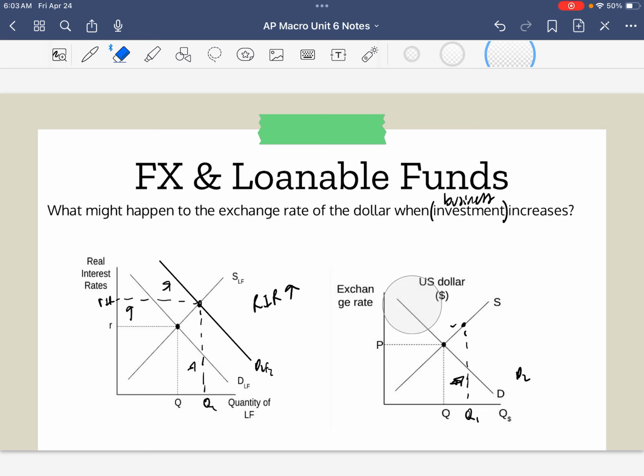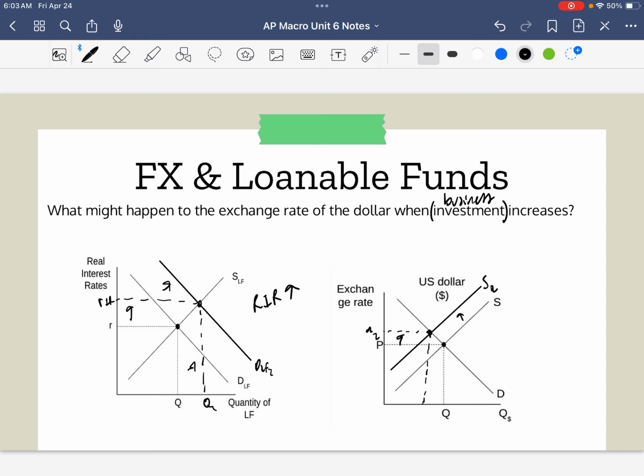Or your answer could have been the supply of the US dollar is going to decrease in the foreign exchange market. So we call supply decrease, new price, P2. Okay.